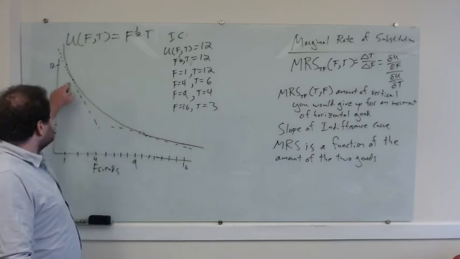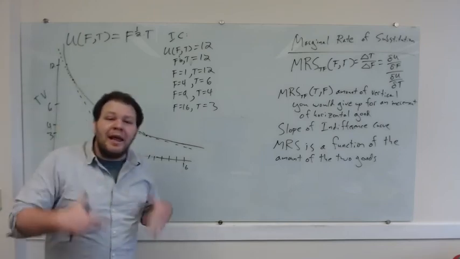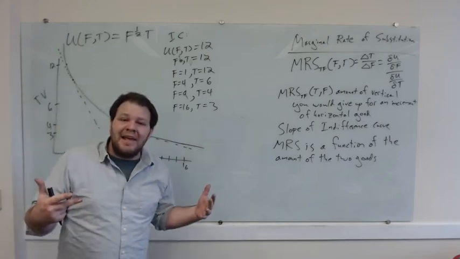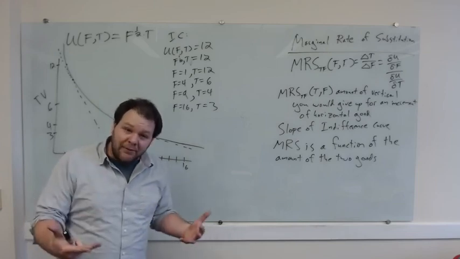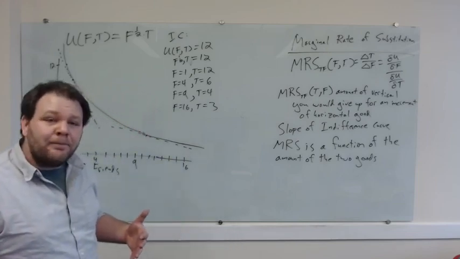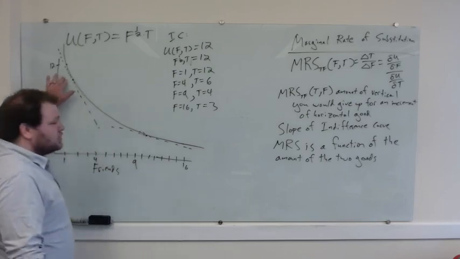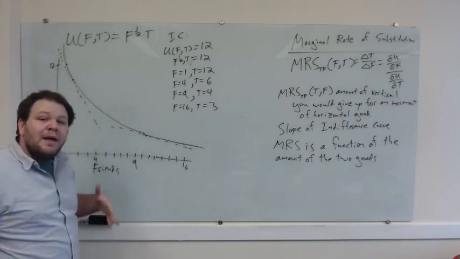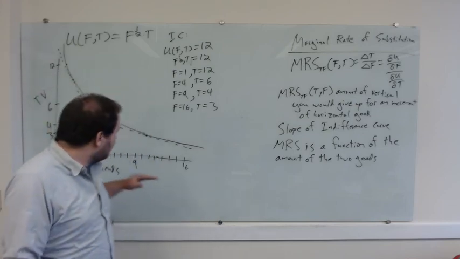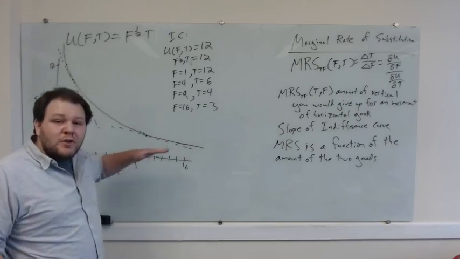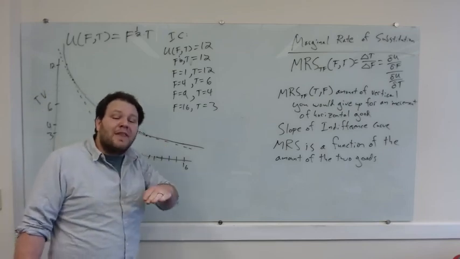Your MRS depends on how much you have of one good and how much you have of the other good. And if your preferences are well behaved, if more is better, it should be the case that the more of the vertical good you have, the steeper the slope, the higher the MRS. The more of the horizontal good you have, the shallower the slope, the lower the MRS.